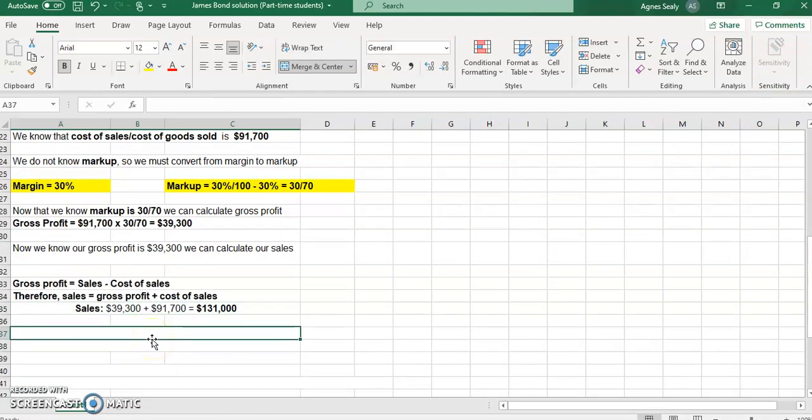And how we are going to do that, we can do the T account for the control account if we wanted to, but what we can do is just take our sales and minus our closing debtors from that figure, and it would give us what our receipts from our debtors would have been.